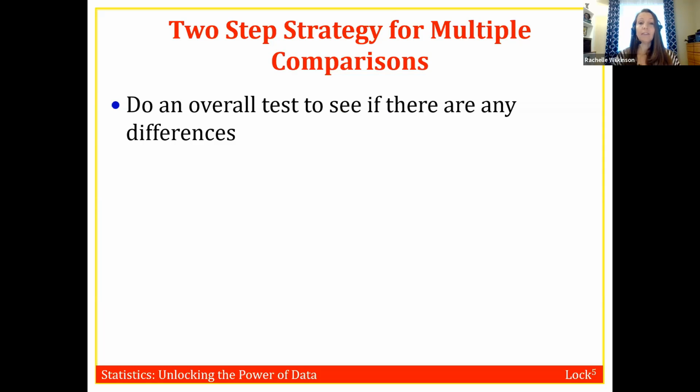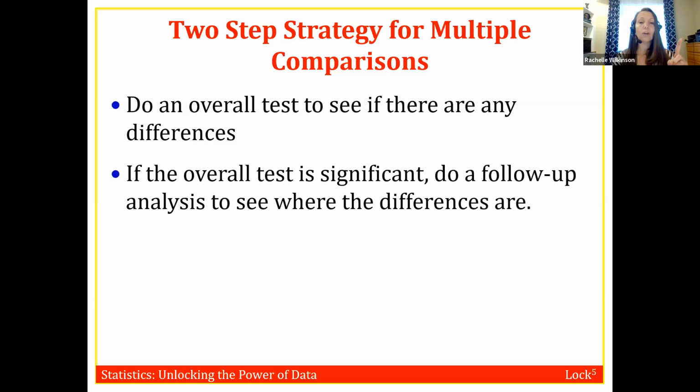Then if that overall test is significant, we're going to dig deeper, do a follow-up analysis, and see exactly where the differences are. That helps with making errors with multiple testing. So first step, do an overall test, see if there's any differences. Second step, if that overall test is significant, do a follow-up analysis to see exactly where those differences are.